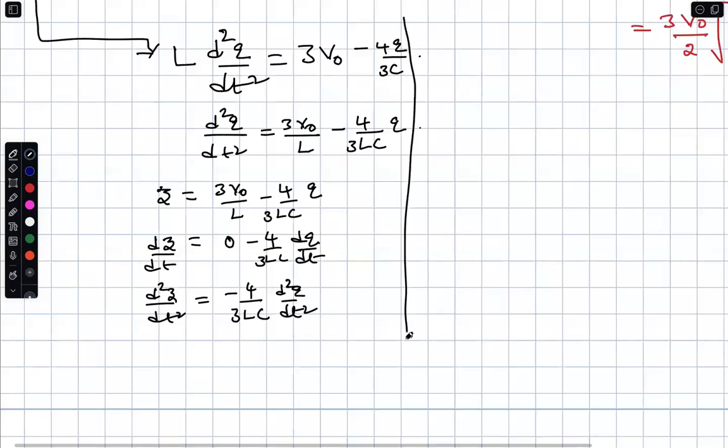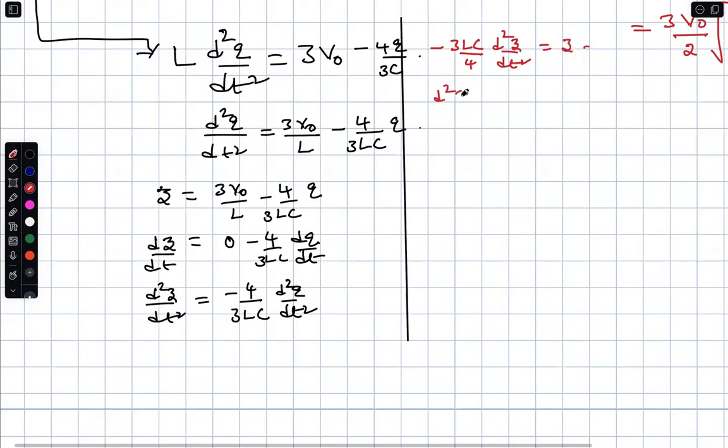Please confirm whether it is true or not. After doing all such markups, now this will become: you can write this simply as minus 3LC by 4 d square z by dt square is equal to z.